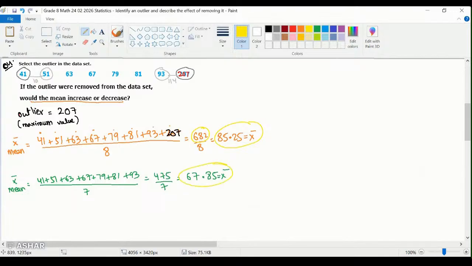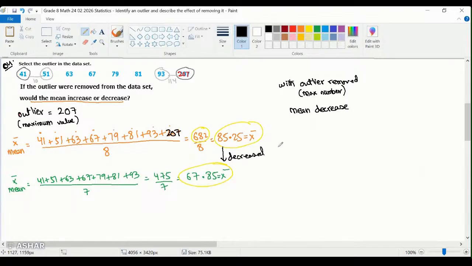So I'll try to explain it with an outlier which is a maximum number. If the outlier is a maximum number, the mean with the outlier removed will decrease. That's exactly what we are seeing over here. It decreased.